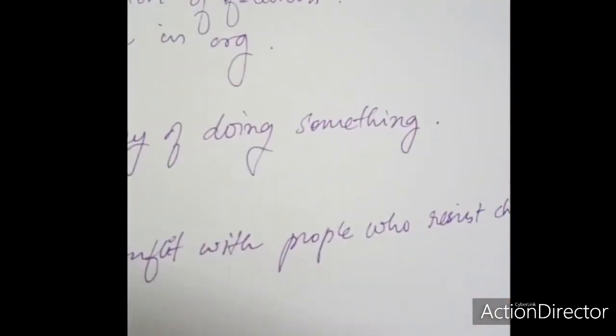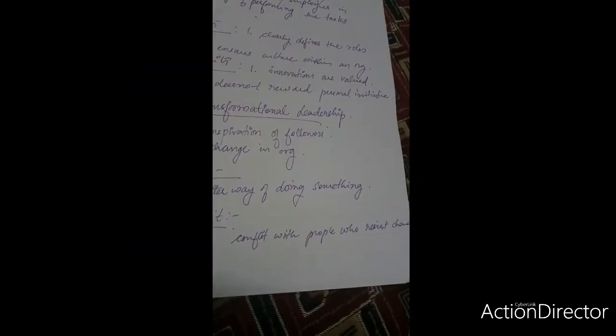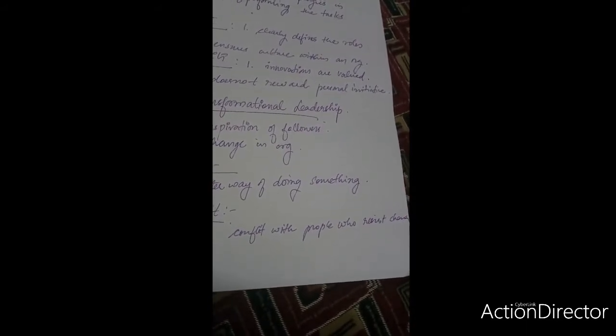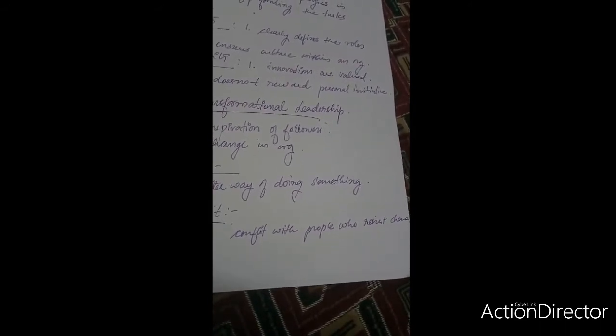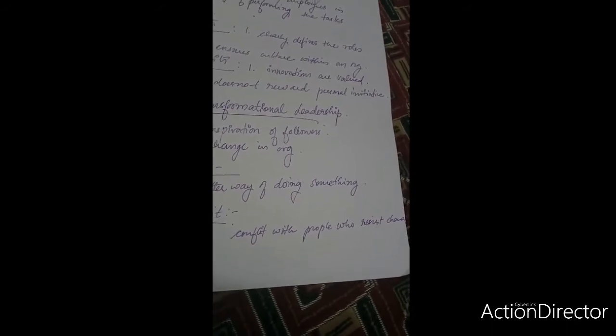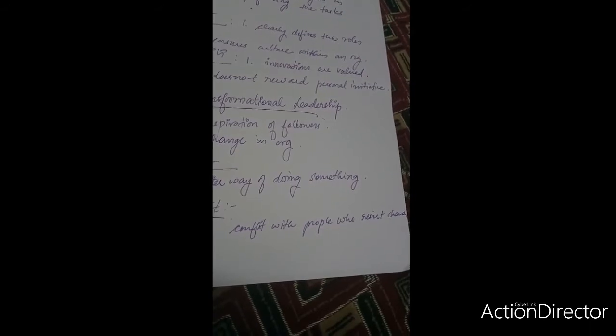There will not be any change in their routine. So for them, a change cannot be accepted as it is. That might create a conflict between the people inside the organization. So that is a demerit, right? People who do not really want a change, people who do not accept change, cannot work in that institution. So that is a demerit for transformational leadership style.